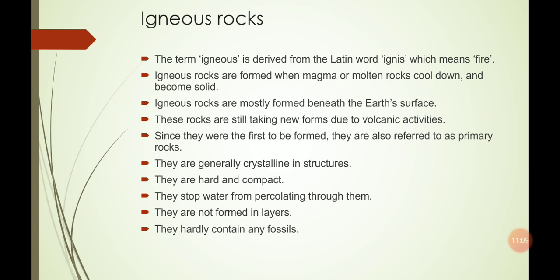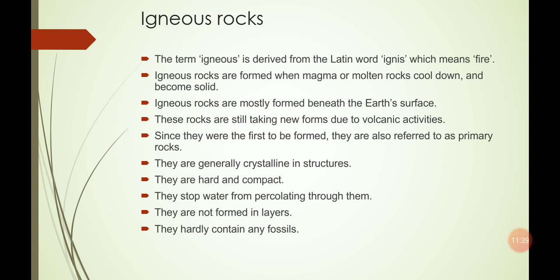Now look at the features of the igneous rock. They are generally crystalline in structure, and they are hard and compact. Crystalline structure means crystals having a fixed geometric pattern. Being hard and compact, they stop water from percolating through them, meaning passing through them, and they do not form layers.